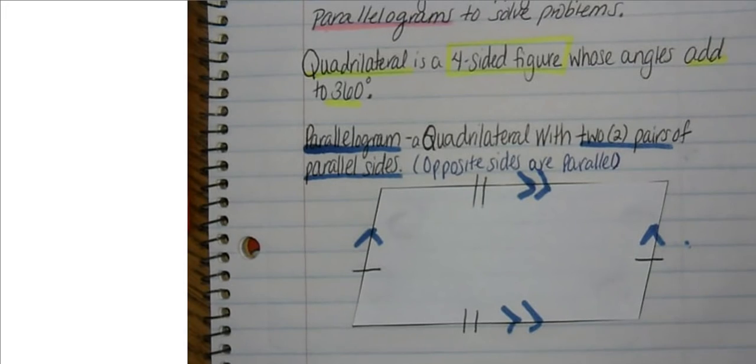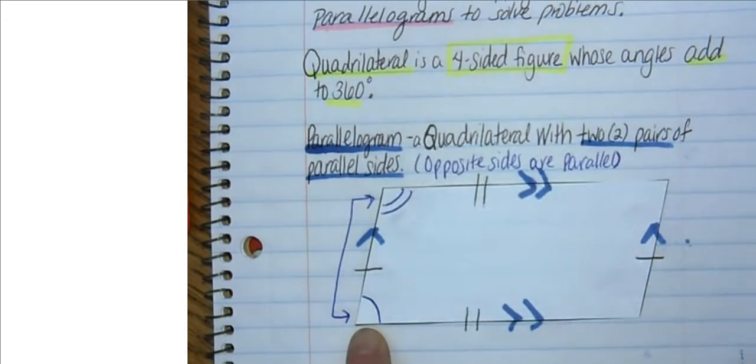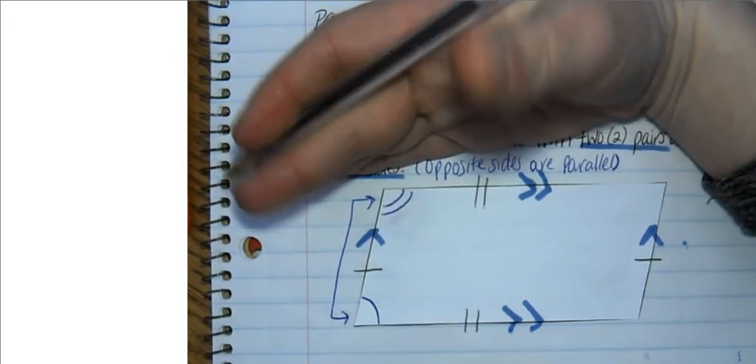Next, in a parallelogram, we talked about opposite sides being parallel and opposite sides being congruent, and now we're going to talk about the angles. Because we have parallel lines, we have these angles that are considered consecutive interior angles. We learned about this in a previous unit. These consecutive interior angles are going to have different arc marks. And we know that consecutive interior angles are supplementary because they're between parallel lines.